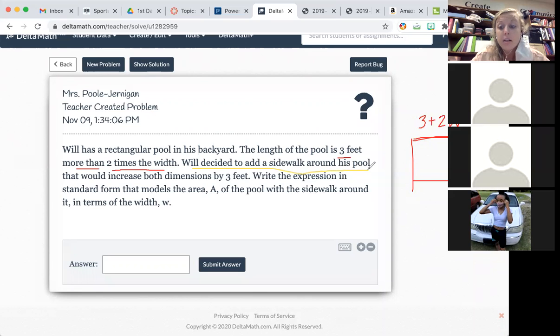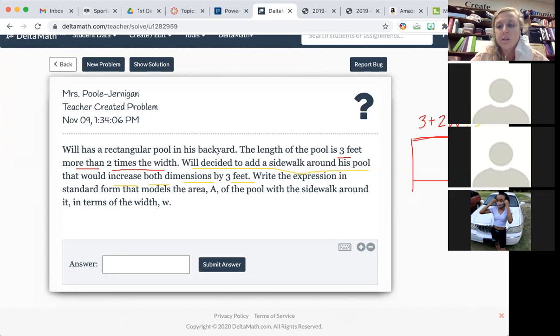Add a sidewalk. Yeah, so he's putting a sidewalk around it, which is probably smart so nobody falls in. And it's going to increase both dimensions by 3. So if I'm increasing these by 3, what does that mean I'm doing to each of these? Adding 3. There you go.